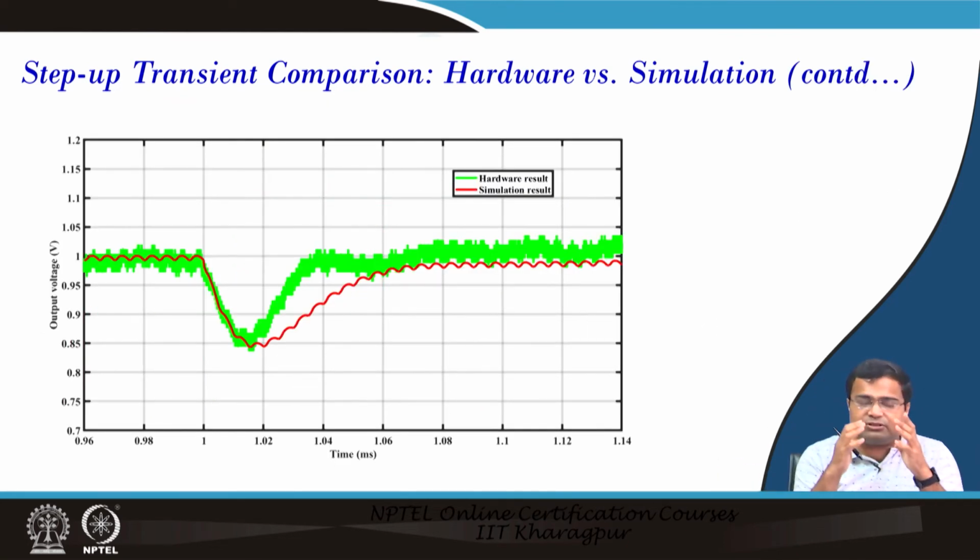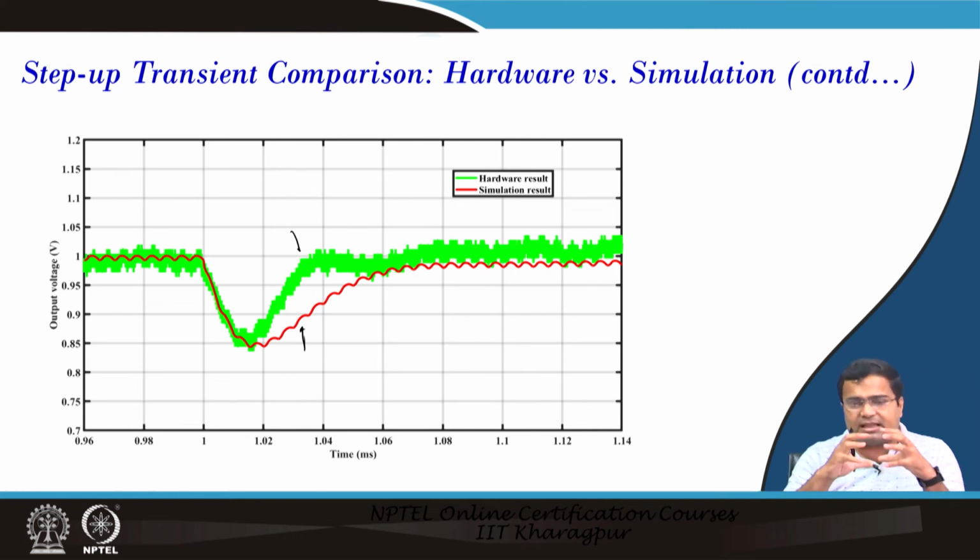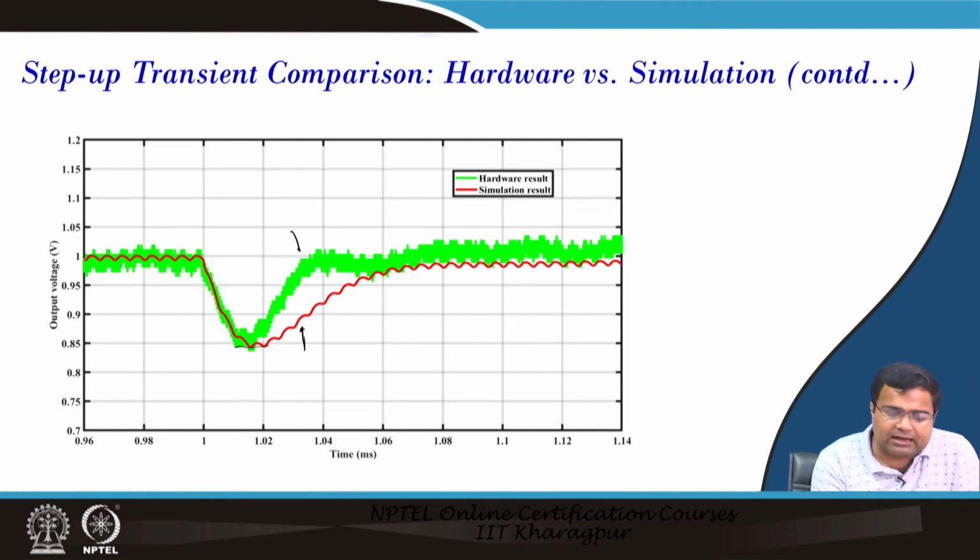Now, since we are using a slightly larger inductor in our simulation, as a result we are getting a little bit sluggish step up transient response in simulation compared to the hardware result. There is a slight difference: the undershoot remains more or less the same, but there is a slight deviation in the recovery time.